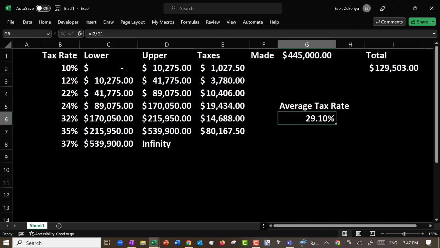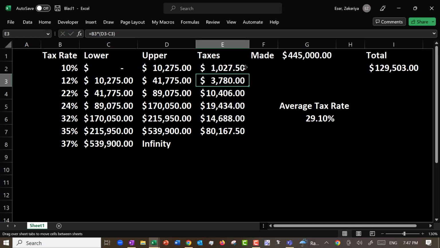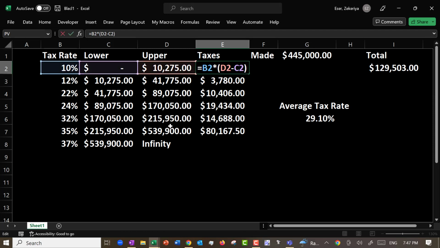Can you show the formulas for how you got the tax numbers? Like in column 8. I mean, it's basically, think of it this way. If your income is above that bracket's upper limit, tax rate times upper minus lower, okay?